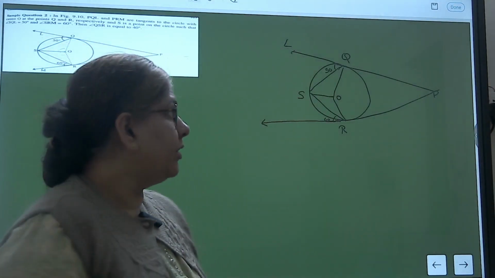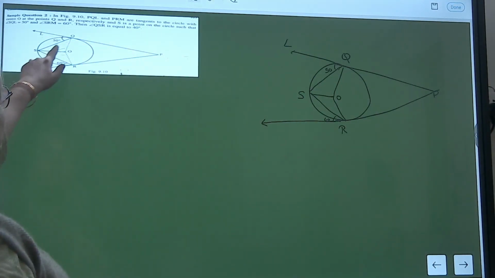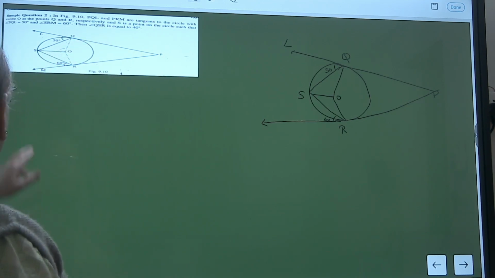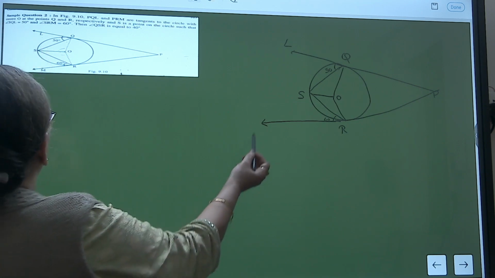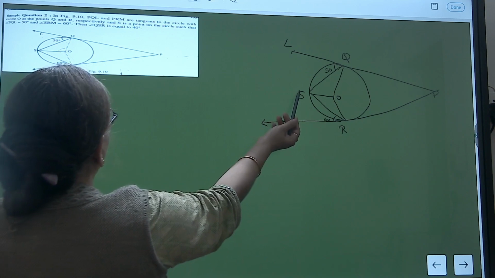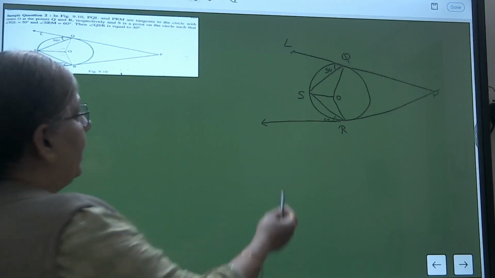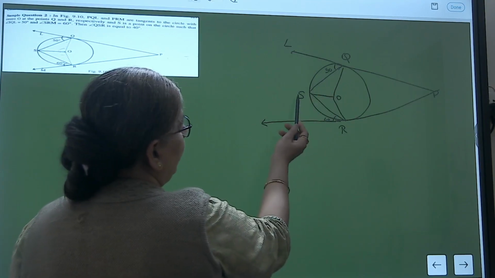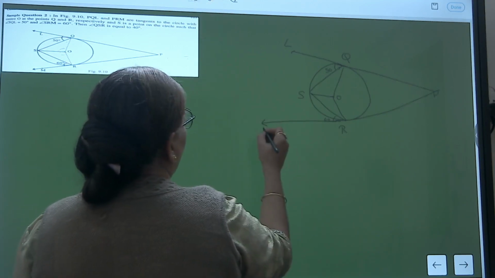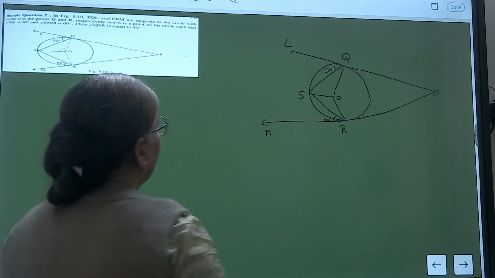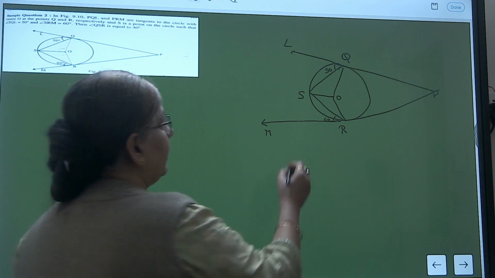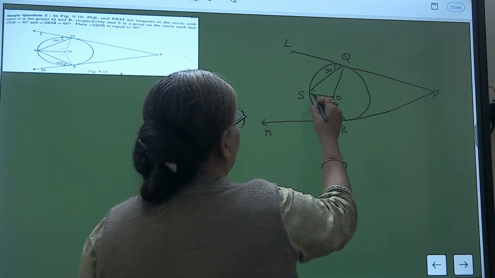Let's see this question. It is given that PQL and PRM are the tangents to the circle with center O at points Q and R respectively. S is a point on the circle such that SQL is 50 and SRM is 60 degrees. So we have to find QSR, that is this angle.